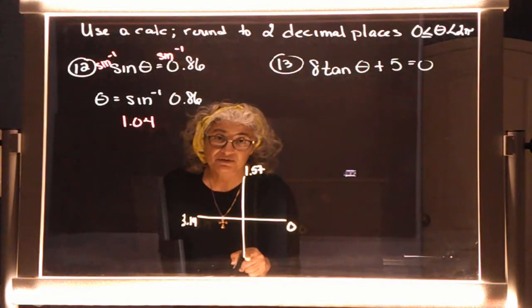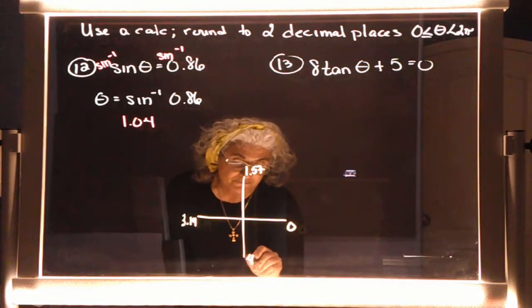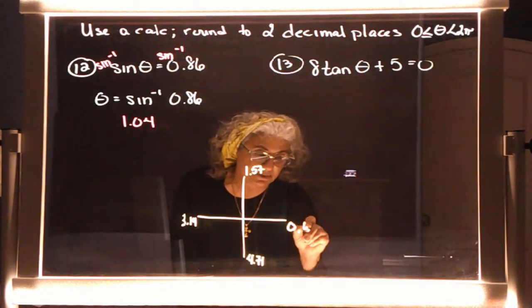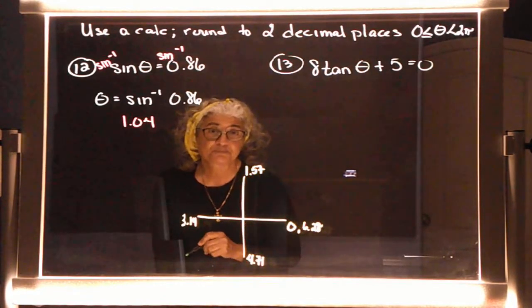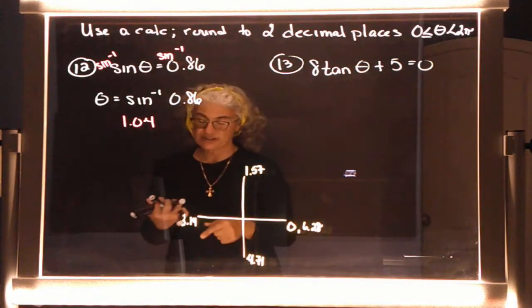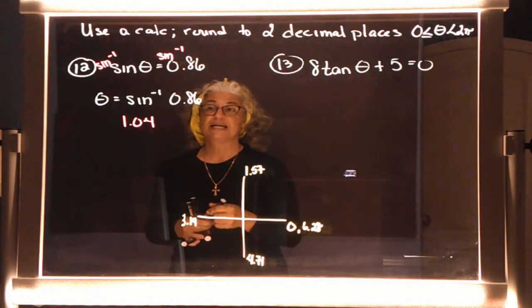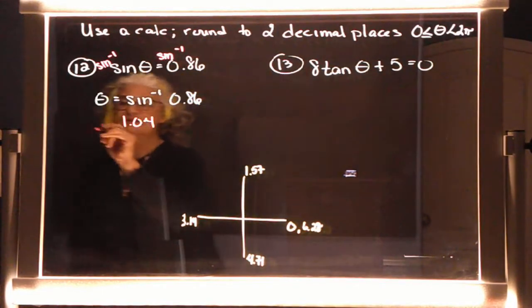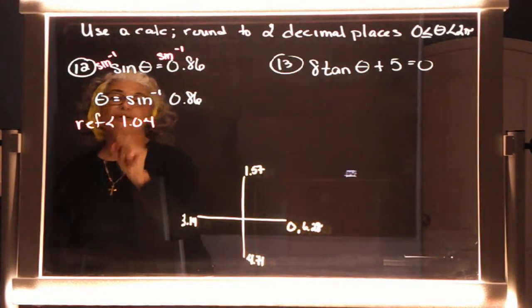Down here is 3 pi over 2, isn't it? That's about 4.71. And back to 2 pi, which is about 6.28, right? We just got 1.04. Is 1.04 in quadrant 1? Yes, it is. So this is actually my reference angle.